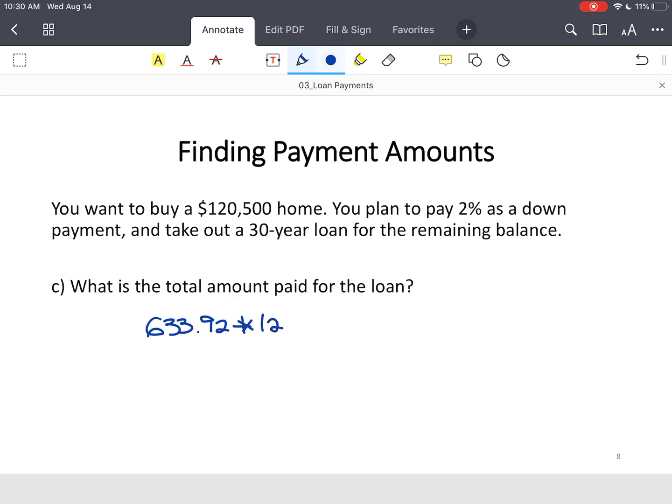We're going to pay that every month for 30 years, and we're going to see how much we actually paid in total to borrow this house. And we realize that for the life of this loan, if we carry it to term, we'll pay $228,211.20.